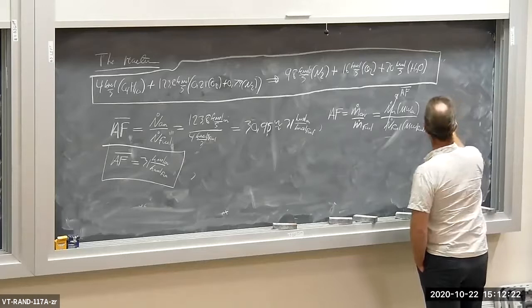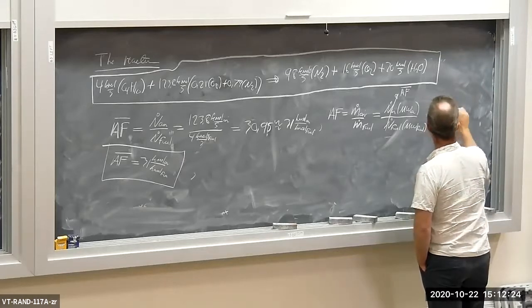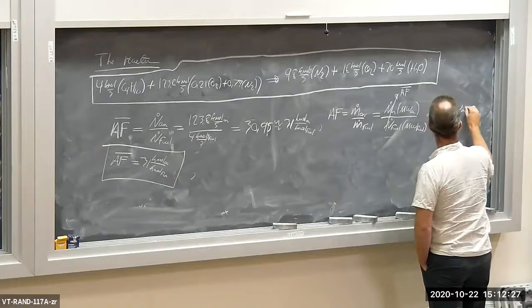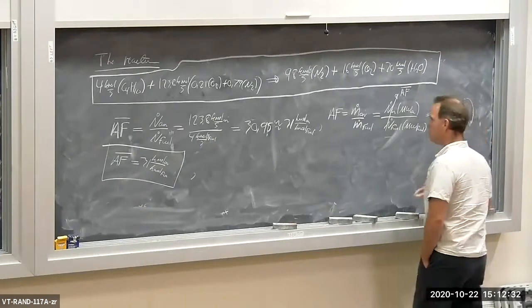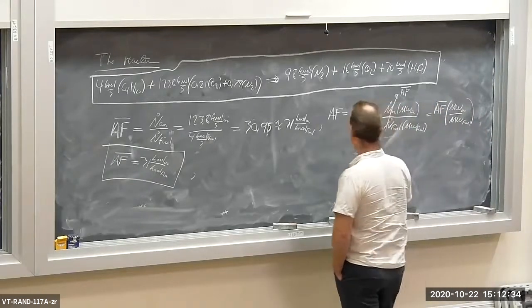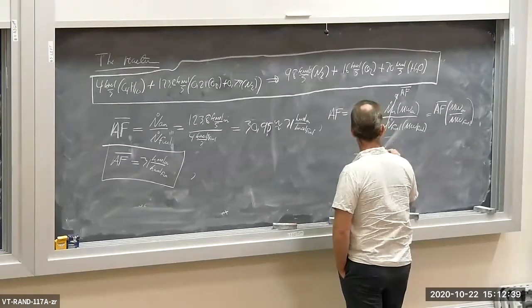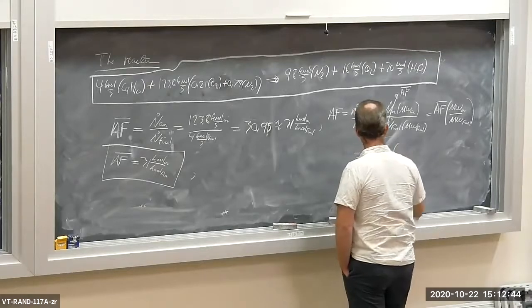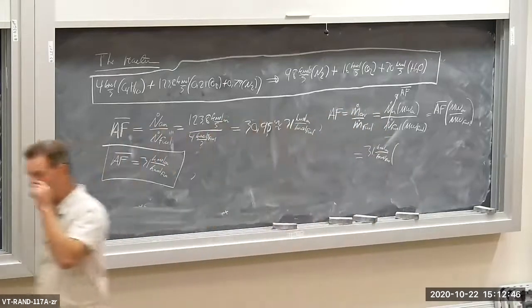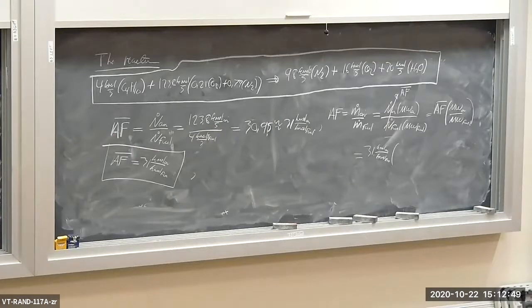So I get the air-fuel ratio on a per mole basis times the ratio of the molecular weight for the air over the molecular weight for the fuel. Our air-fuel ratio is 31 kilomoles air per kilomole fuel. And now I need the molecular weights for air and the fuel. Looking up in tables, the molecular weight for air is 28.97 and for the butane is 58.12.